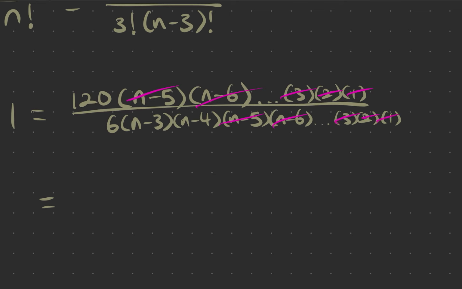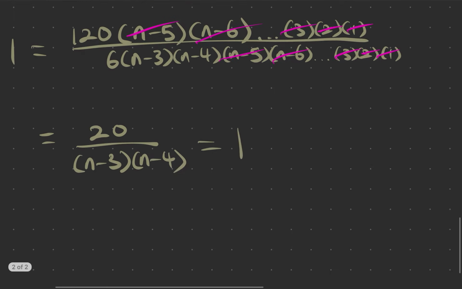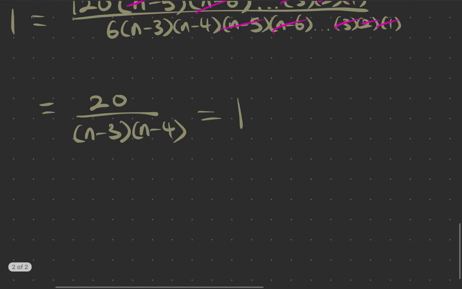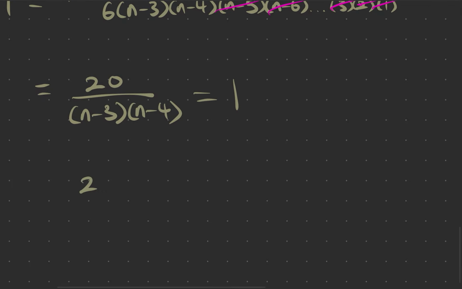So now our fraction is going to be 20 over n minus 3 times n minus 4 equal to 1. So now we can use the cross multiplication method. So 20 will equal n minus 3 times n minus 4.